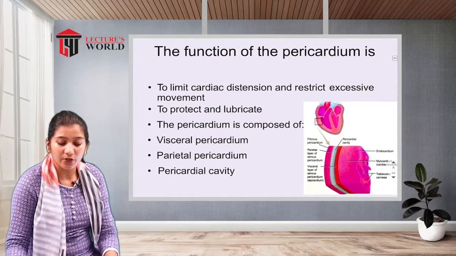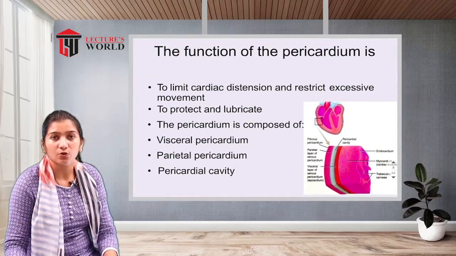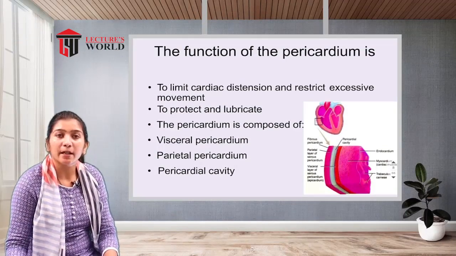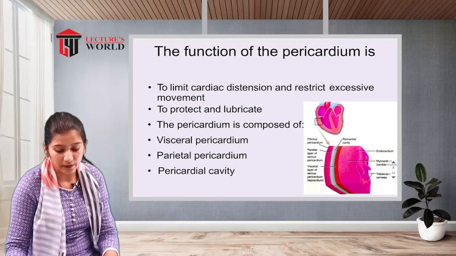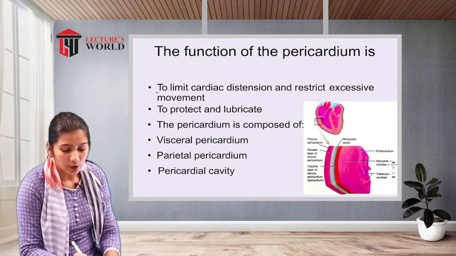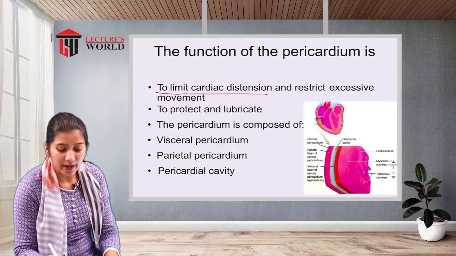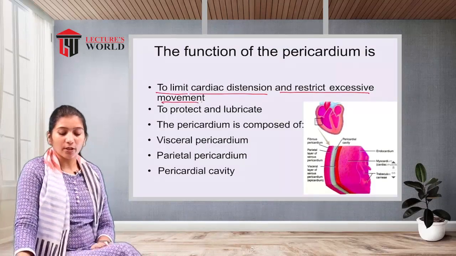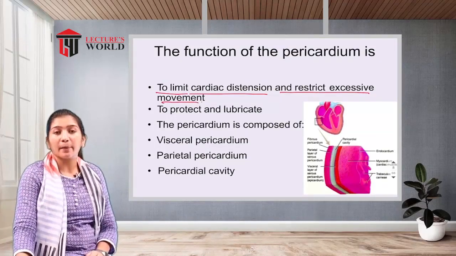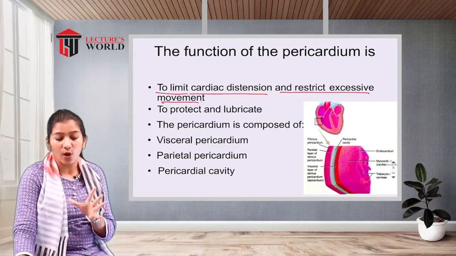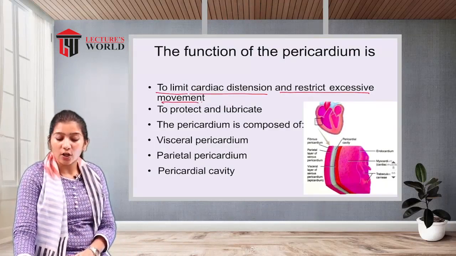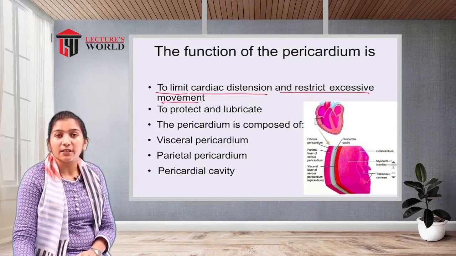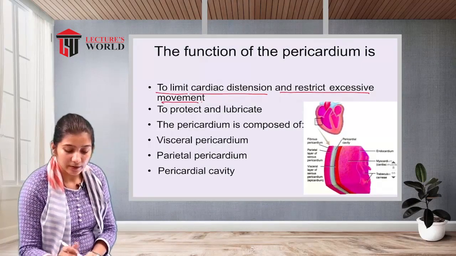Next is the function of the pericardium. How is the pericardium layer helping our heart? To limit cardiac distension and restrict excessive movement. The pericardium layer helps prevent distension of the heart, and it also restricts the excessive movement of the heart.